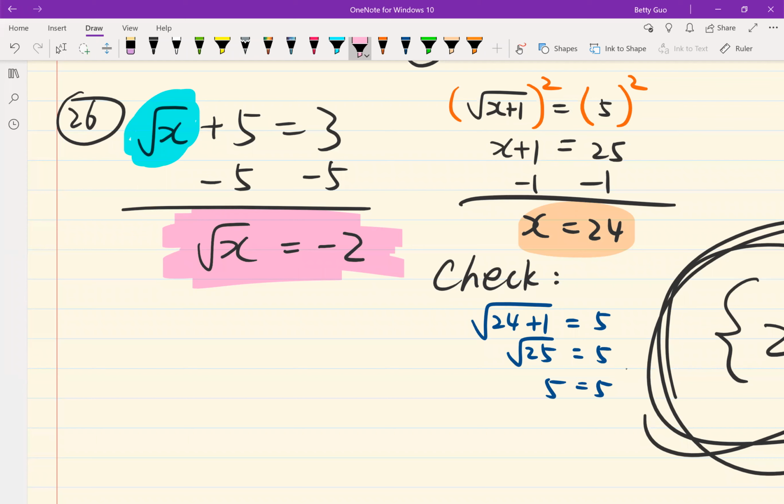So that is a contradiction. The equation itself is a contradiction. The solution set of the equation is empty, meaning it has no solution, because there's no such real number whose principal square root is negative 2. So number 26, the equation has no solution.